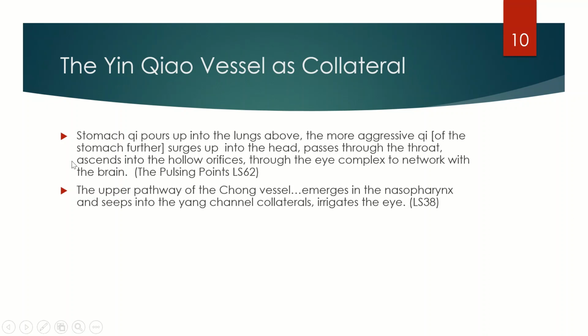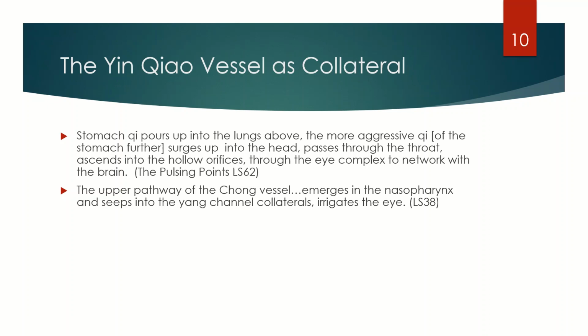The first is from the Pulsing Points chapter of the Spiritual Pivot, and it says, stomach qi pours up into the lungs. The more aggressive qi of the stomach further surges up into the head, passes through the throat, ascends into the hollow orifice through the eye complex to network with the brain.